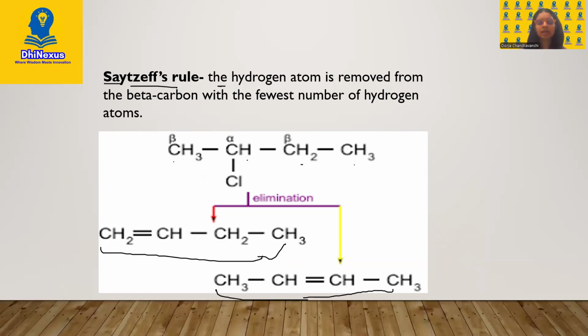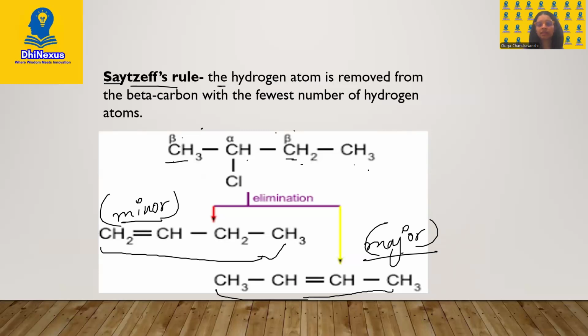In this case, the hydrogen atom is removed from the beta carbon with the fewest number of hydrogen atoms. So the beta carbon with the lowest hydrogen will obviously be the one here. The terminal one will always have higher hydrogen. So this is going to be my minor product, and this will be the major product.